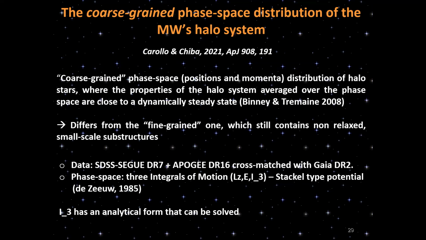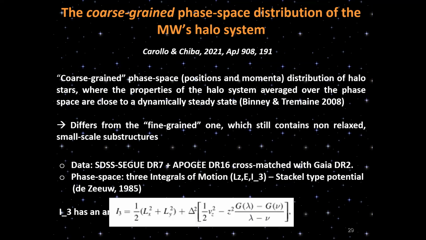And a few words about I3. The third integral is not easy to determine, only through numerical computation. But in the Stäckel type, we have an analytical form. And the Stäckel-type gravitational potential has two components, a flattened disk and a massive dark matter halo.